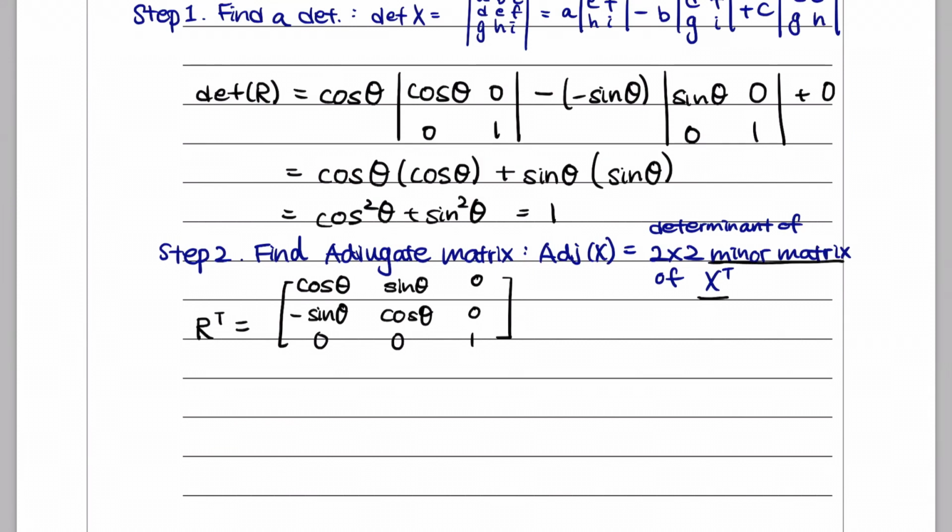So what is a minor matrix? You actually have done this. You eliminate the row, you eliminate the column, and the remaining 2 by 2 is your minor matrix. So let's say our adjugate has 9 positions, like that.